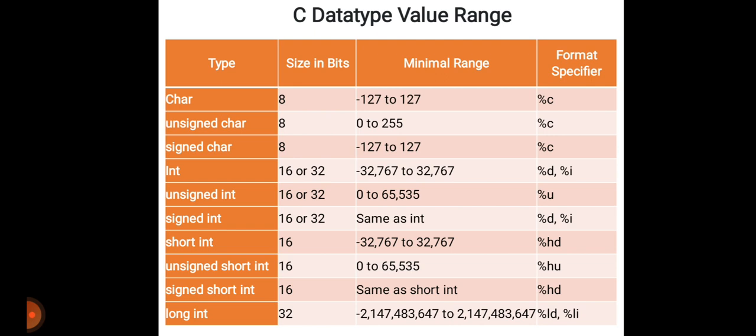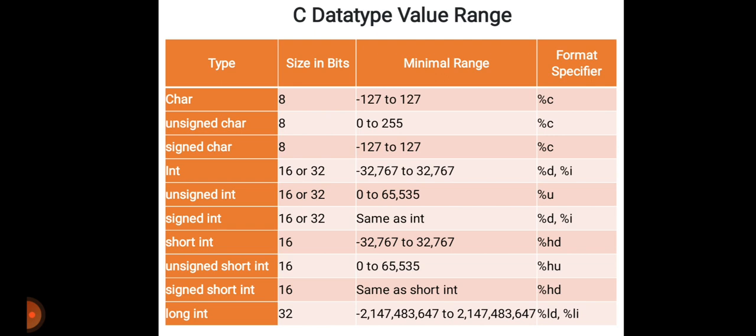The next one is short integer. For short integer, in 16 bits, the range is minus 32,767 to 32,767, same as the integer, and the format specifier for this is %hd.